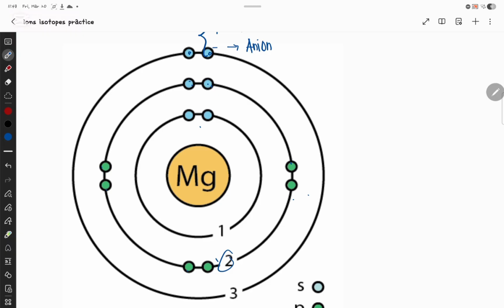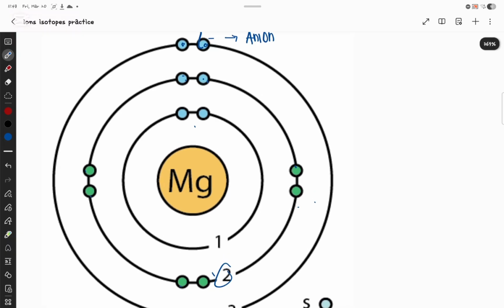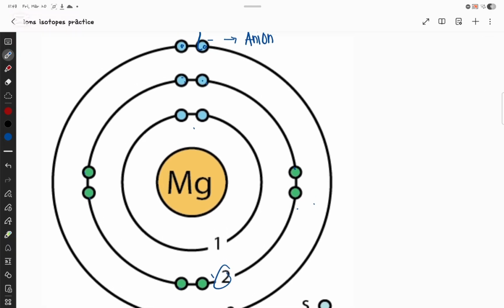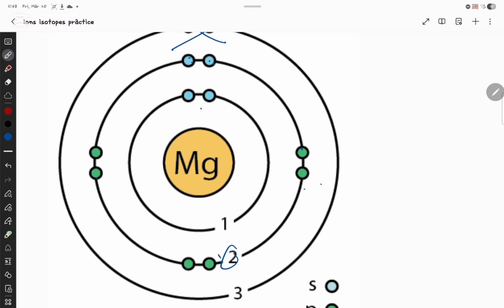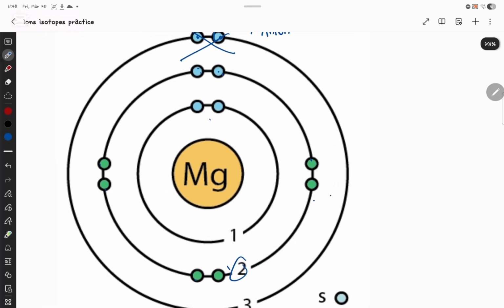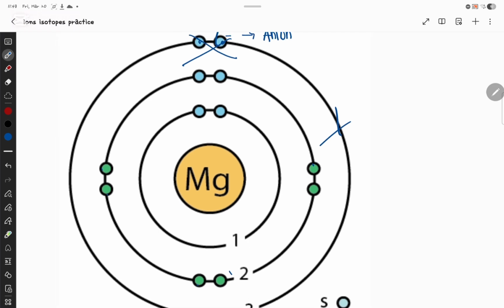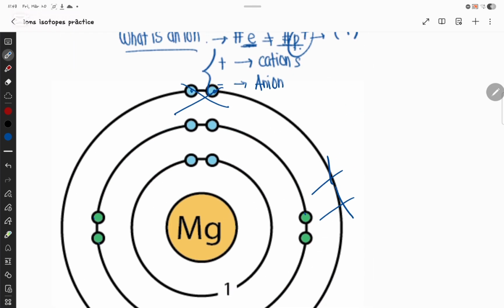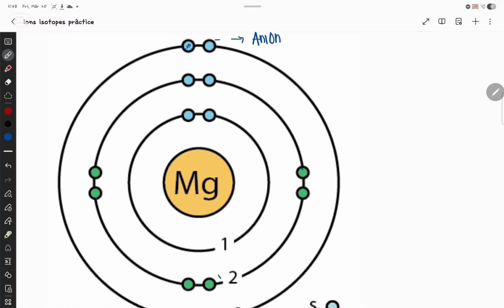So it is more energetically favorable for magnesium to lose these 2 valence shell electrons, and then it loses this valence shell, and our new valence shell is number 2, which already has 8. So instead of gaining 6 electrons, it is more energetically favorable for magnesium to lose 2, and then you have 8 on the new valence shell.